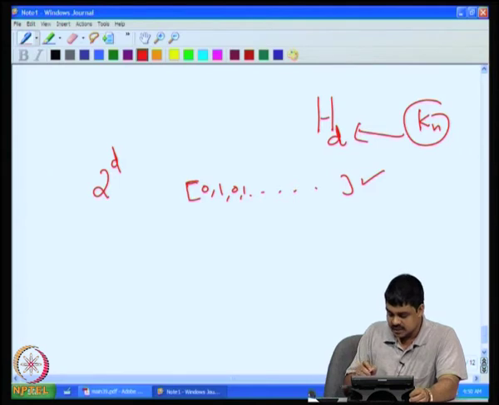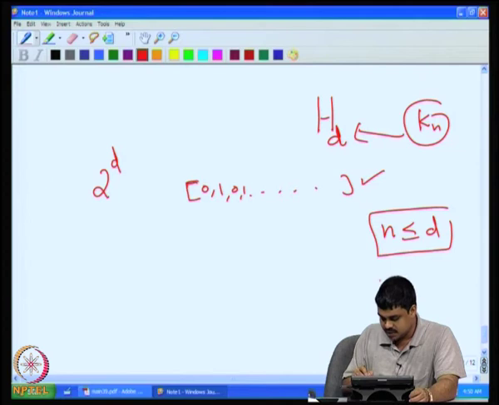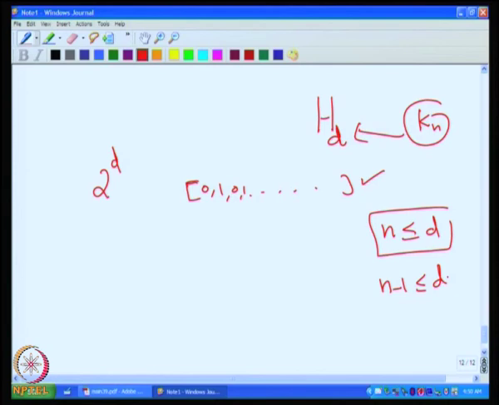Immediately we can say that n minus 1 has to be less than or equal to d, because here in H_d the degree of each vertex is d. Right, so the degree is at most d.